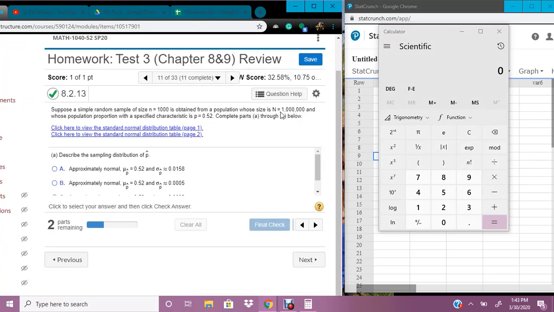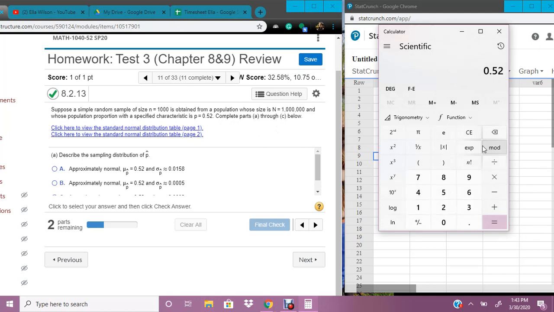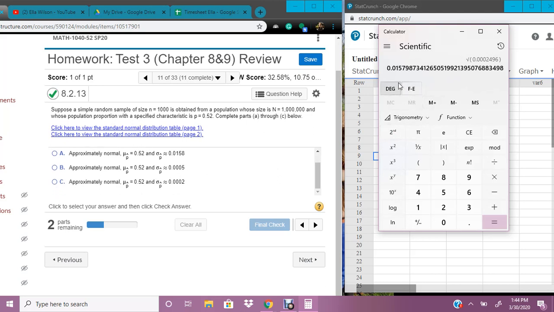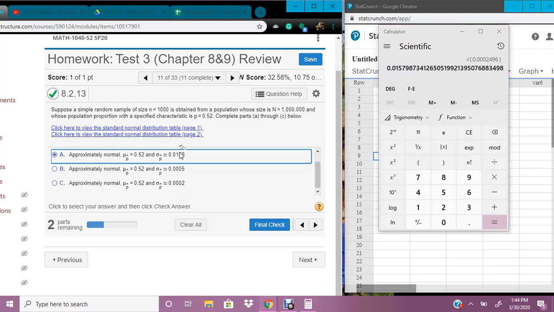Okay, so we have p, 0.52, times parentheses 1 minus 0.52, and then divide that by our n, which is 1,000, and then we want the square root of that number. So it's this one right there.